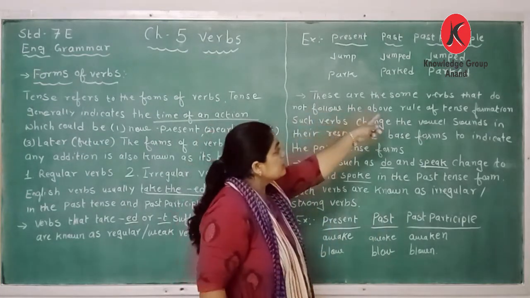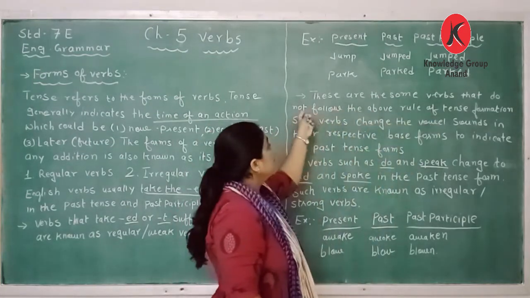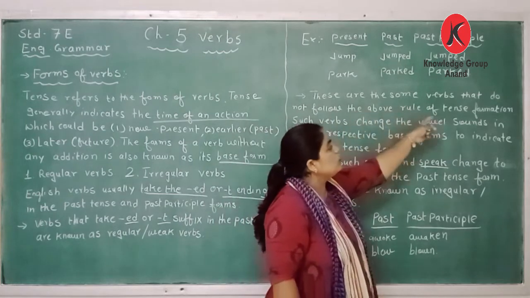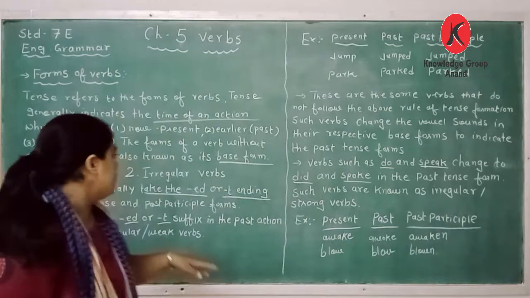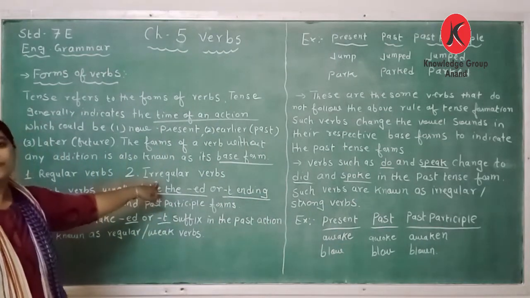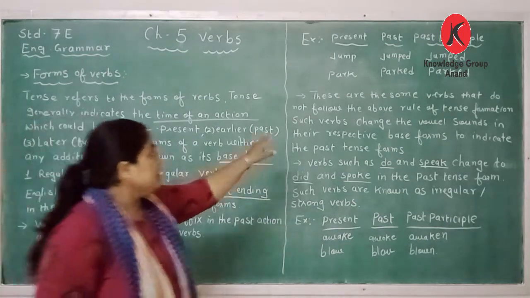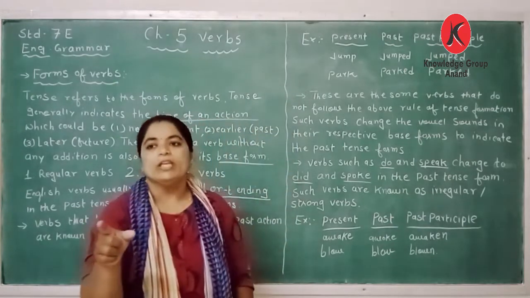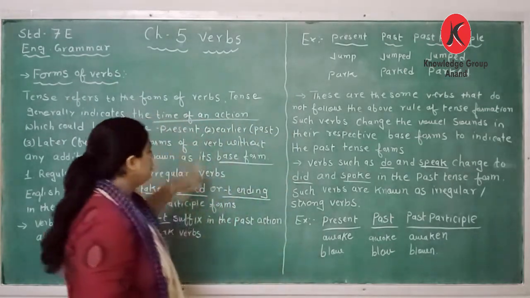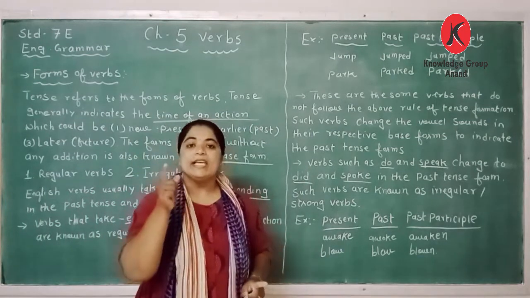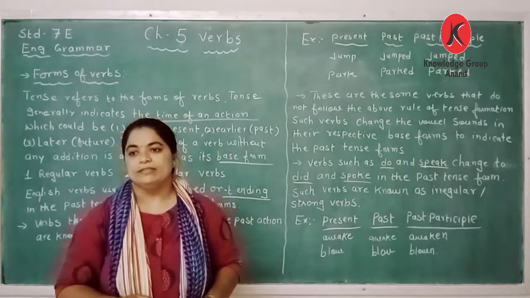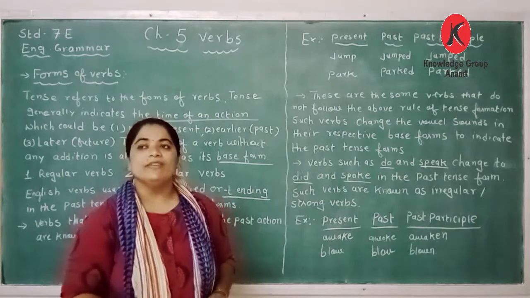There are some verbs that do not follow the above rules of tense formation. So which will be those verbs? Irregular verbs. Now in this topic we are talking about irregular verbs. Previously we looked at examples of regular verbs, which take ed or t as a suffix.